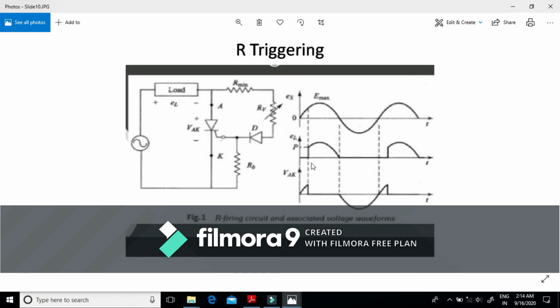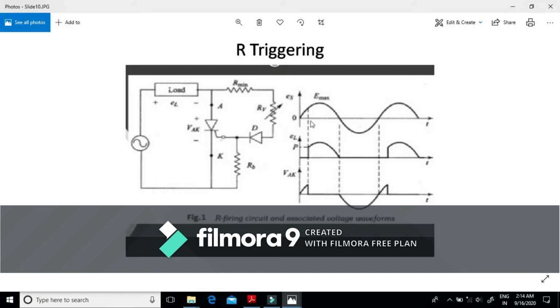Here, in any case, alpha can never be greater than 90. This is the maximum limit for alpha. We can increase the voltage here only by decreasing this resistance RV, and once we increase the voltage across this RB, this results in lower alpha values.